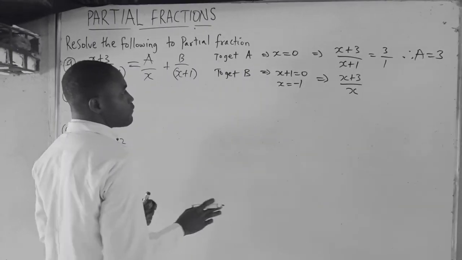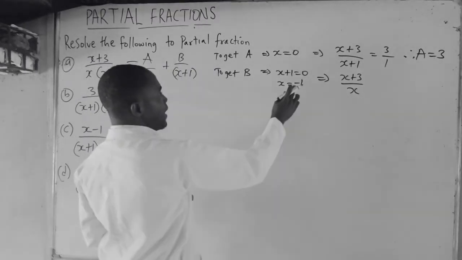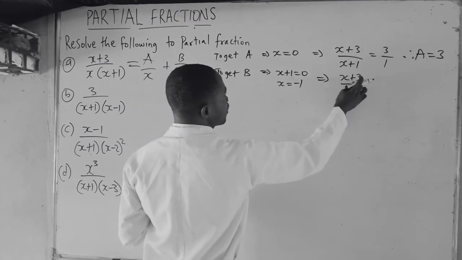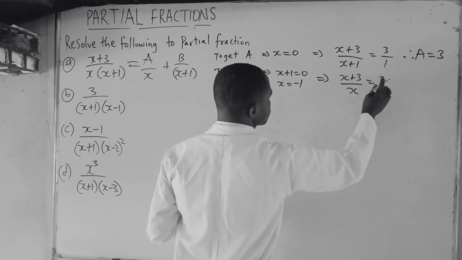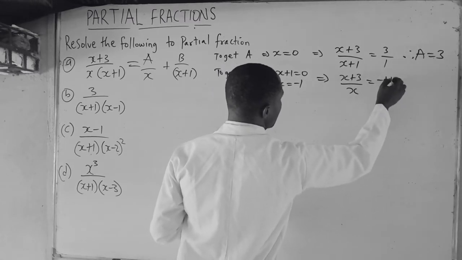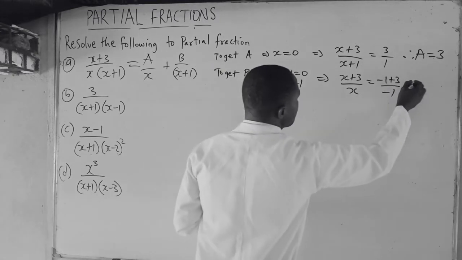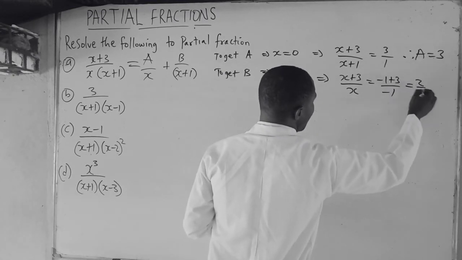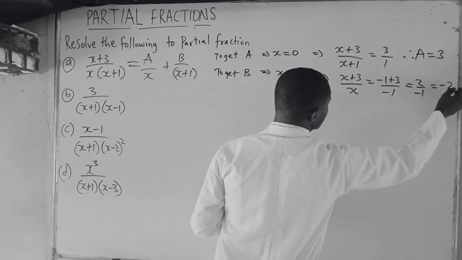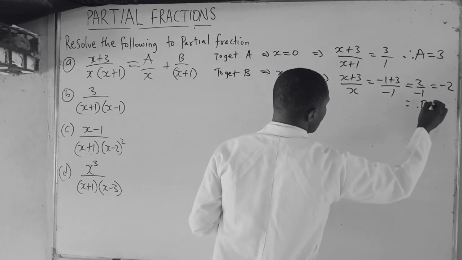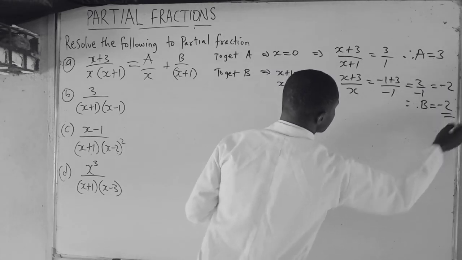You have covered it up with this your x. Minus 1, put it here. Minus 1 plus 3, 2. Minus 1 plus 3 all over minus 1. That will give me 2 over minus 1 equal to minus 2. Therefore, B equal to minus 2.